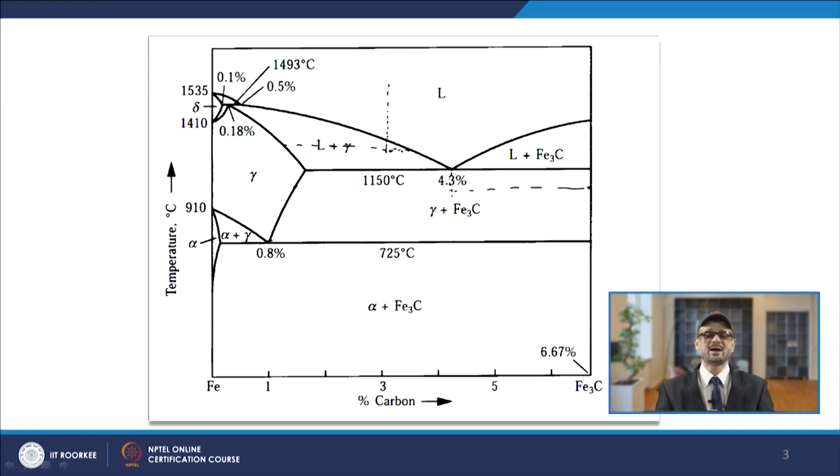So, you will have graphite, the type of gray cast iron, that is known as gray cast iron, because the fractured surface appears gray.